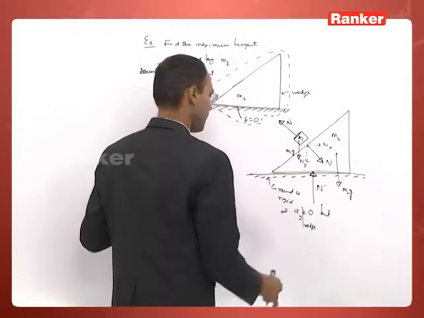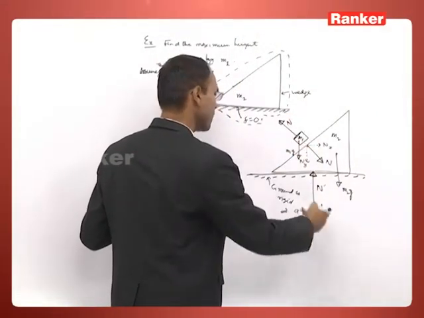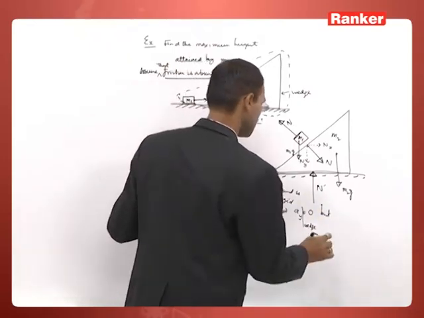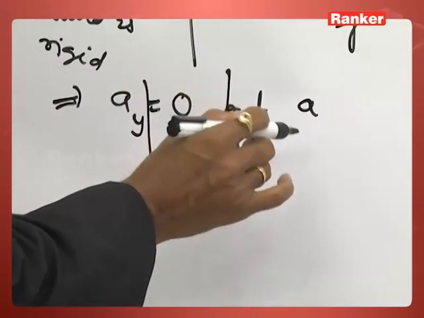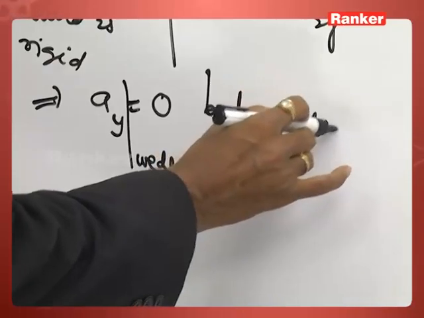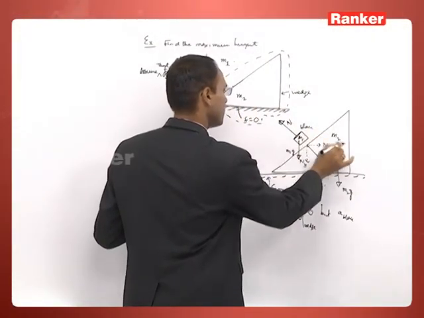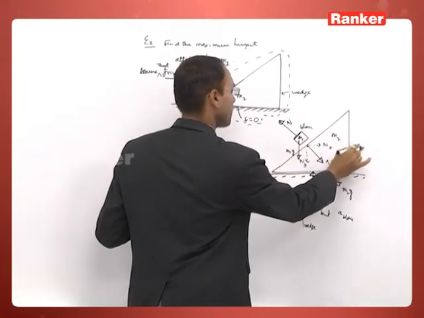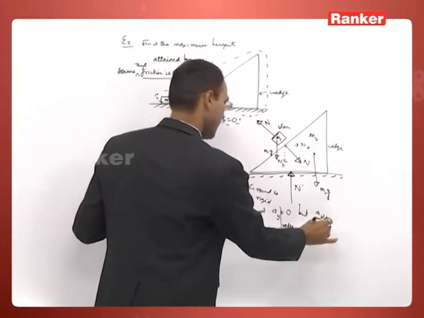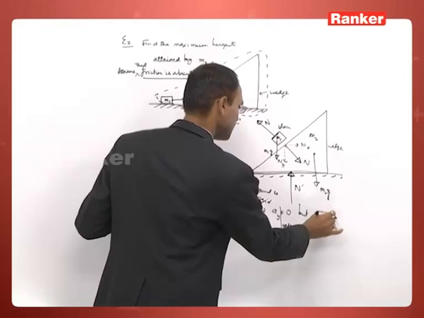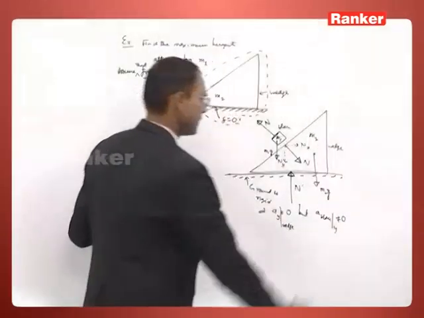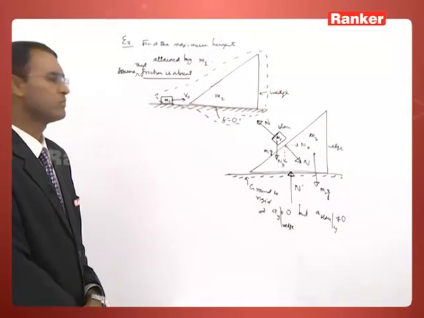Acceleration of the wedge along y direction will be equal to 0, but acceleration of the block, this is the block, this is the wedge, along y direction is not equal to 0.